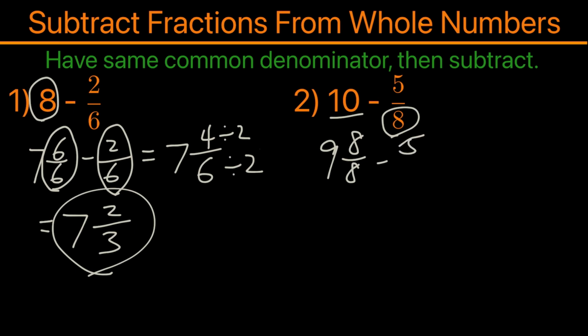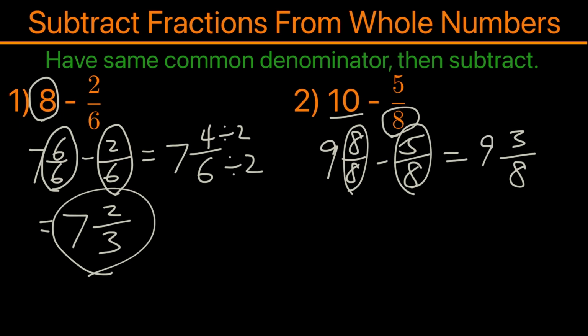Then we will minus 5 over 8. So simply taking 8 over 8 minus 5 over 8, we have 3 over 8. And the whole number would be 9, because 9 minus 0 is 9. And this gives us the mixed number of 9 and 3/8 as the answer.